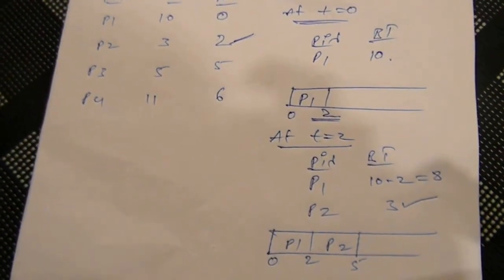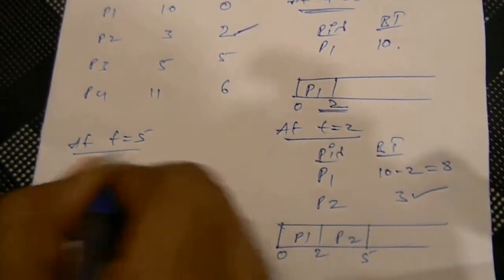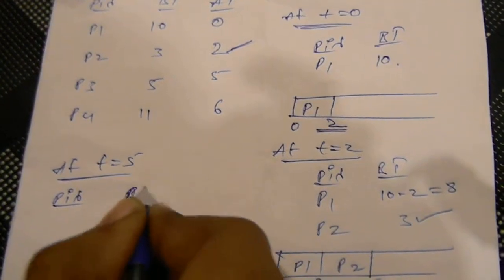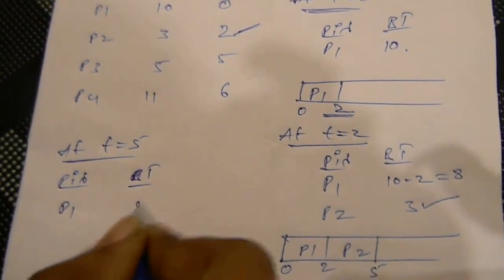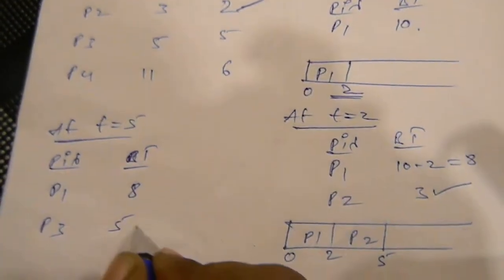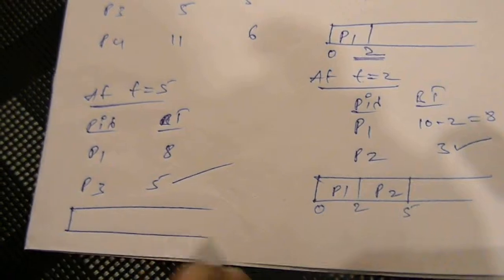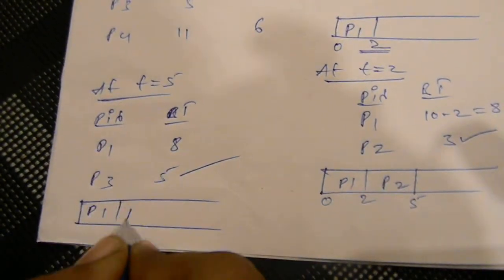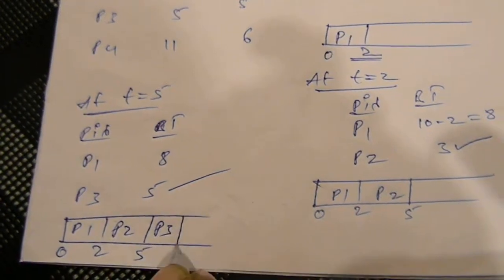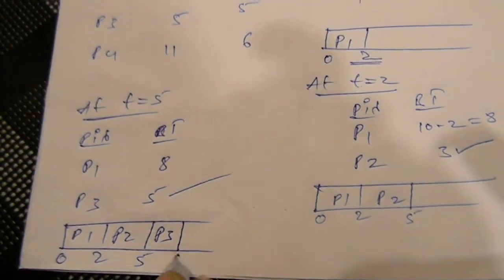Now in the ready queue at t equals 5 milliseconds, P1 with 8 milliseconds burst time and P3 with 5 milliseconds burst time. Now P3 starts execution, and it executes for only 1 millisecond, that is up to 6 milliseconds.